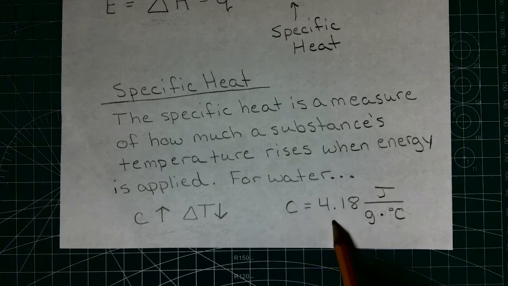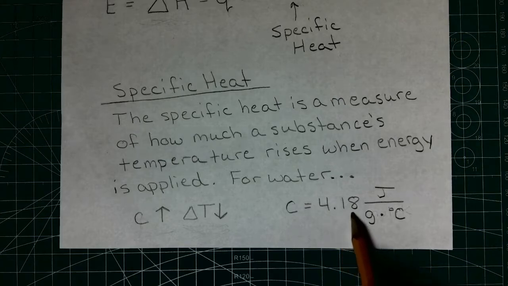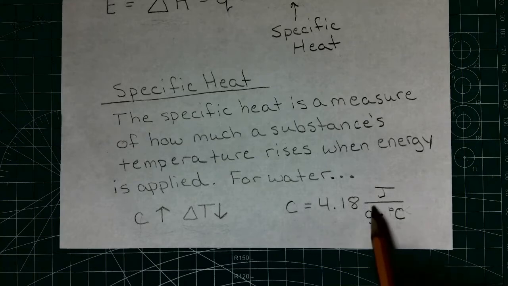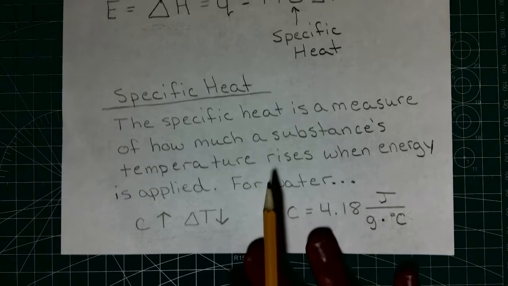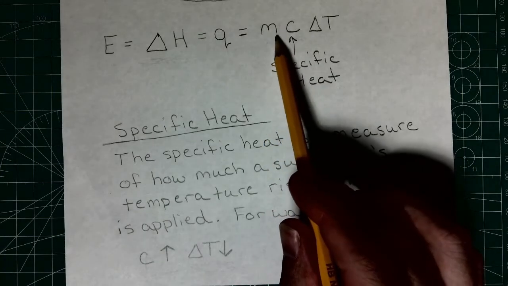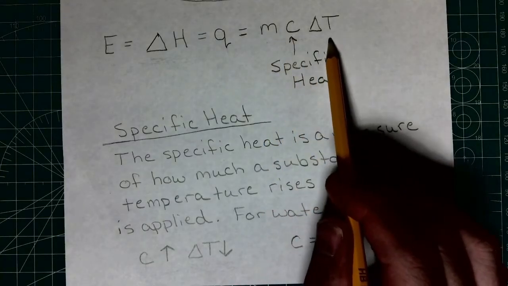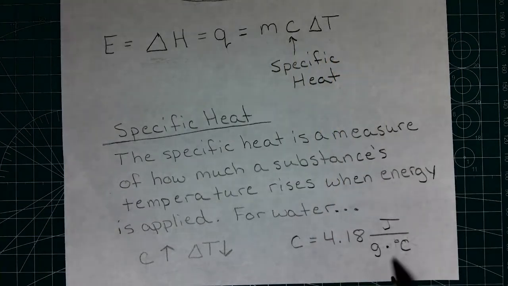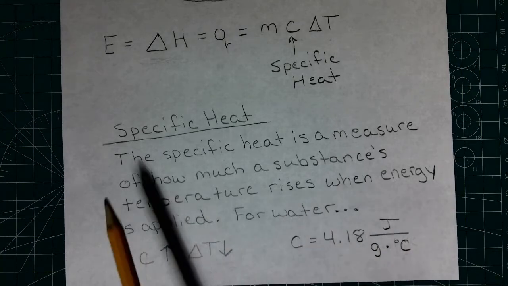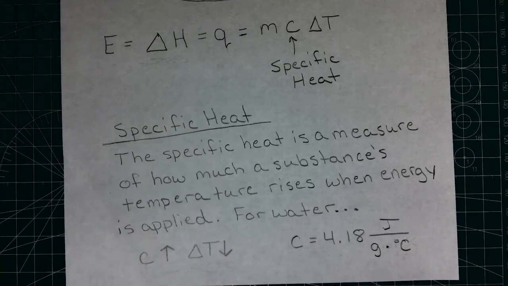So this is just for liquid water, and in that case, it is 4.18 joules per gram Celsius. So if we multiply this by the mass in grams and the change in temperature in degrees Celsius, you can see those will cancel, and we're going to get out joules, which is an appropriate unit for energy or heat.